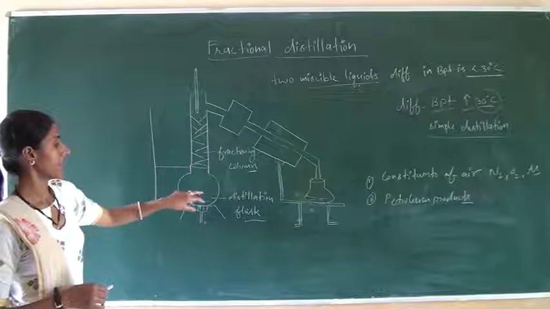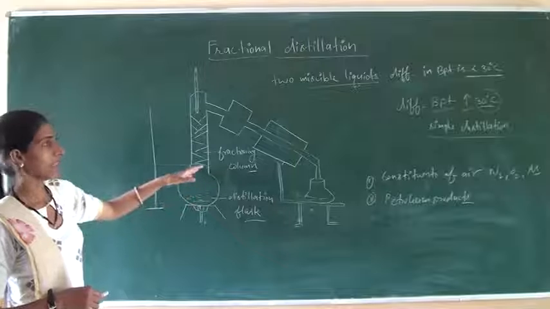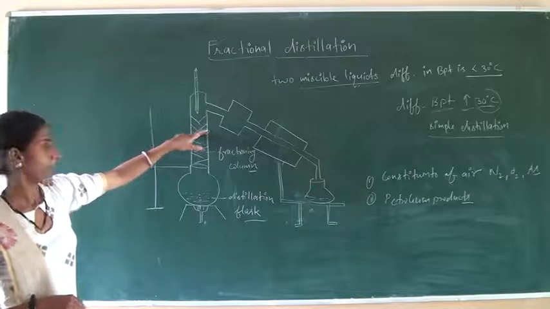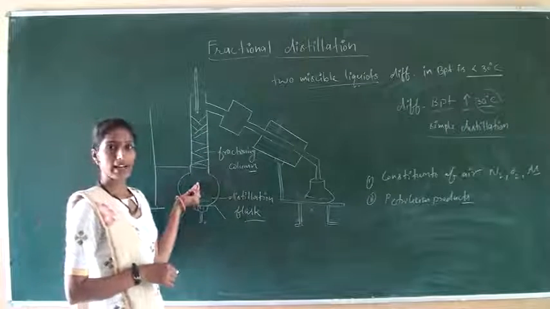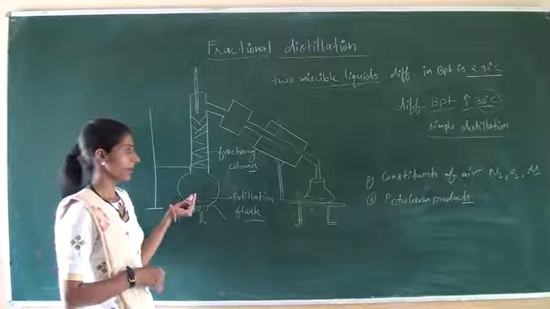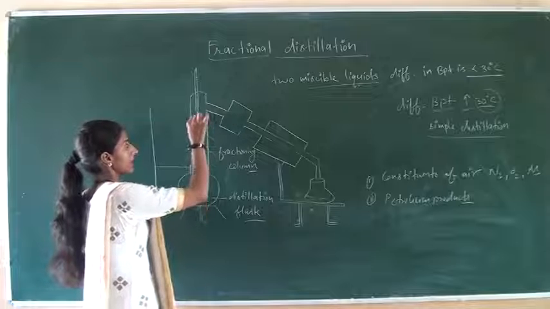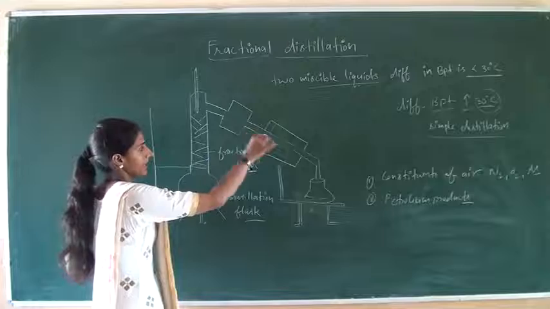When we heat the mixture, then temperature rises and vapors start forming. First, the liquid that has the lower boiling point starts forming vapor, and these vapors go into this fractionating column, and after that they pass through the condenser.